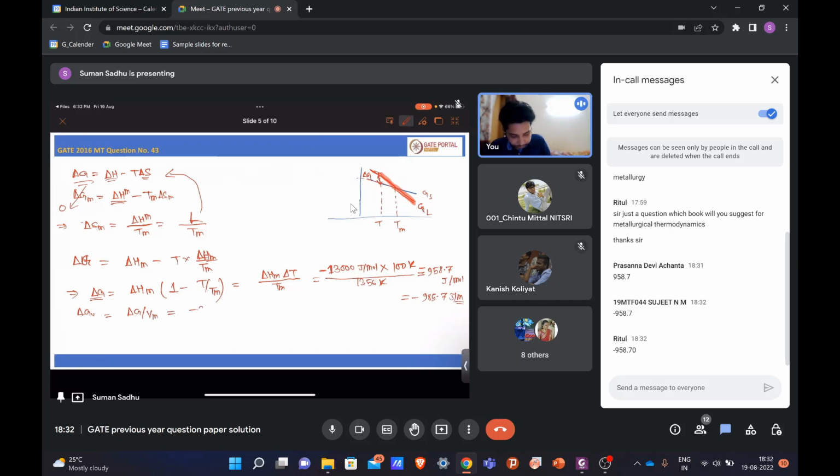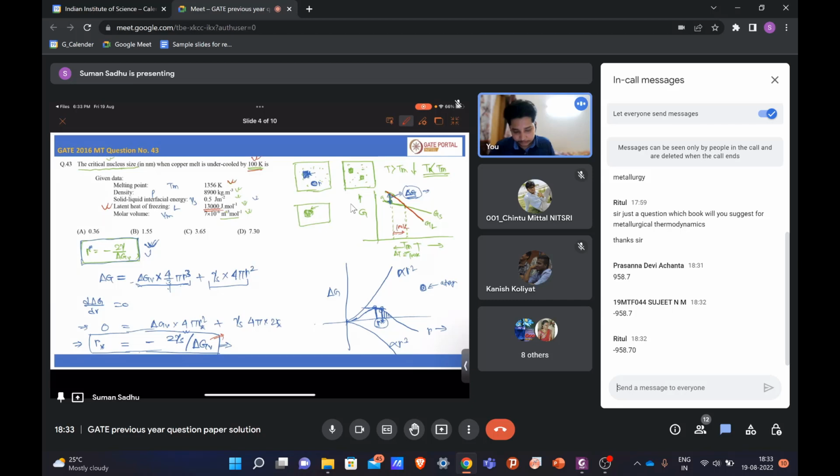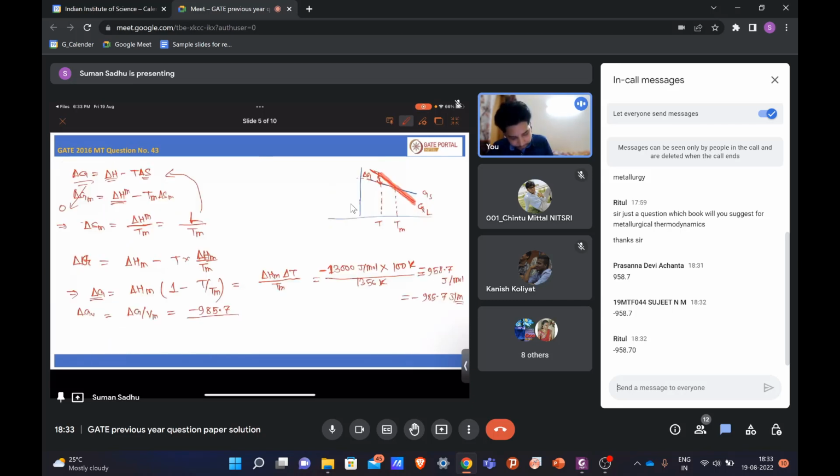So how much will be the 958.7 divided by the molar volume, which is given as 7 into 10 to the power minus 6 meter cube per mole. So this is joule per mole and it is 7 into 10 to the power minus 6 meter cube per mole. So how much will it be?